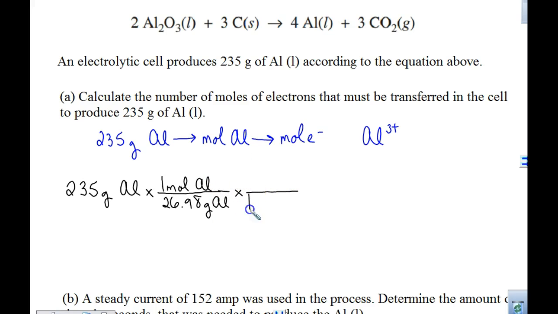And then for every 1 mole of our aluminum ion, and I can make this leap because electrons don't contribute to mass, we have 3 moles of electrons. So punch that into your calculator, and I'm going to round that to 3 sig figs.